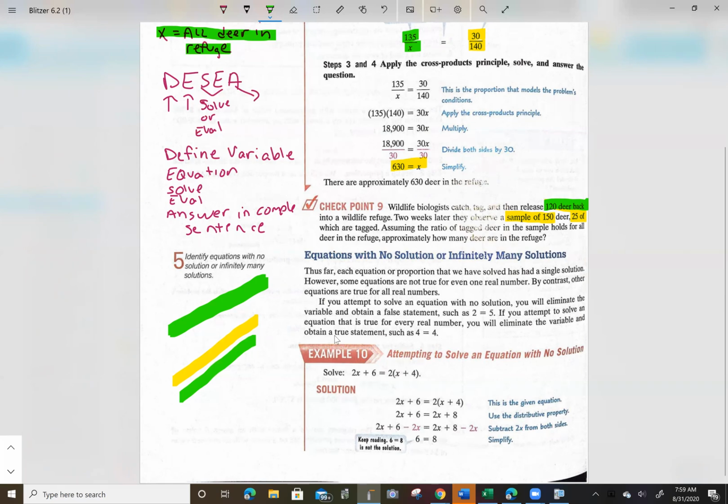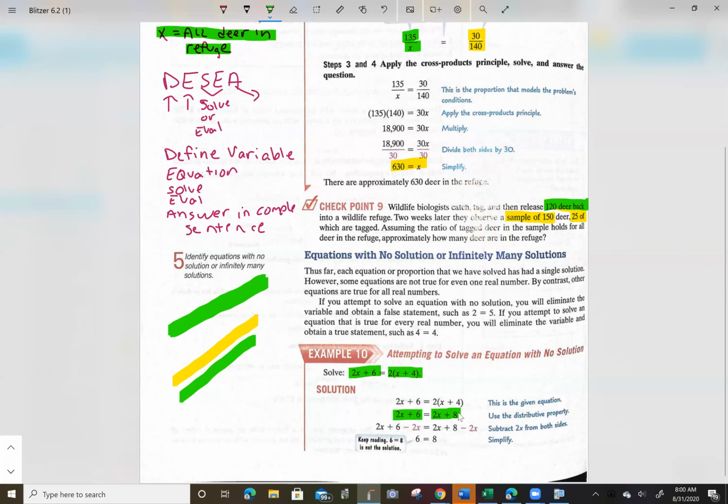So what does that look like in our question here? If we are solving 2x plus 6 is equal to 2x plus 8, I already know the slopes are the same, so these two lines are going to be parallel.